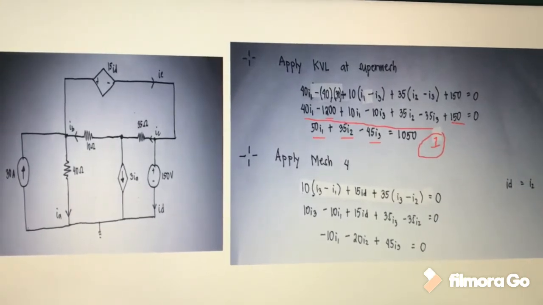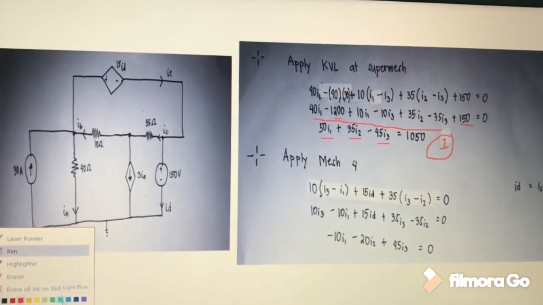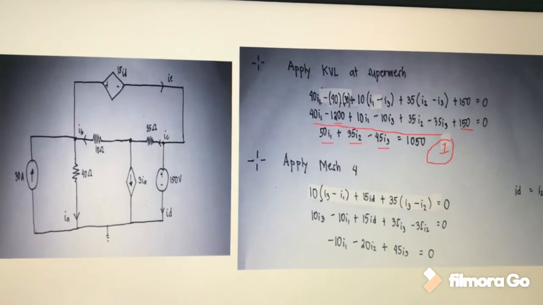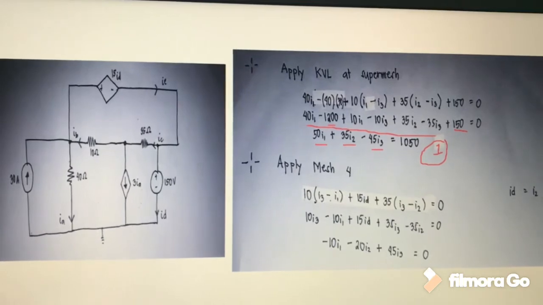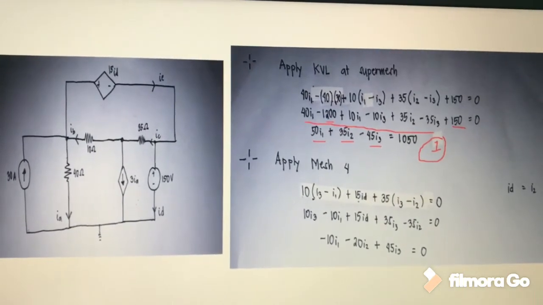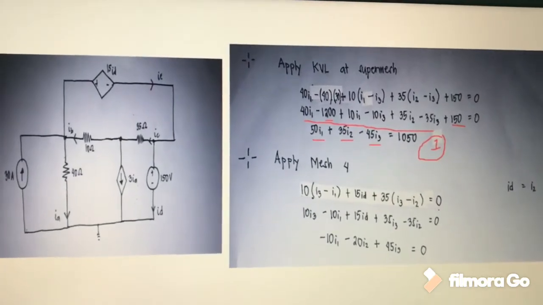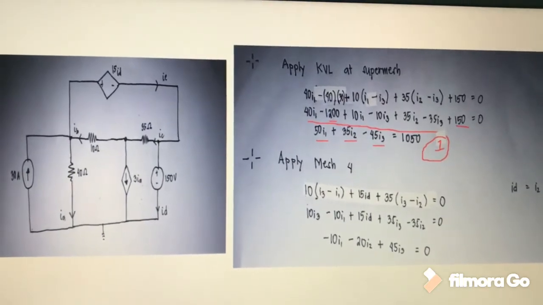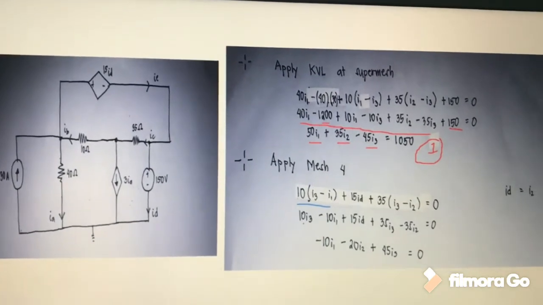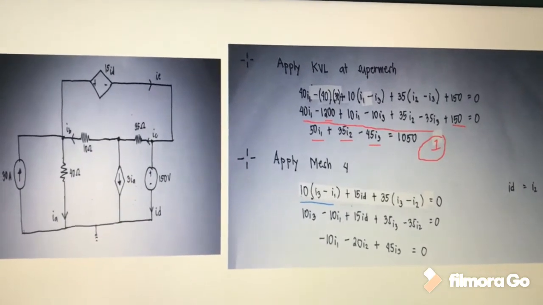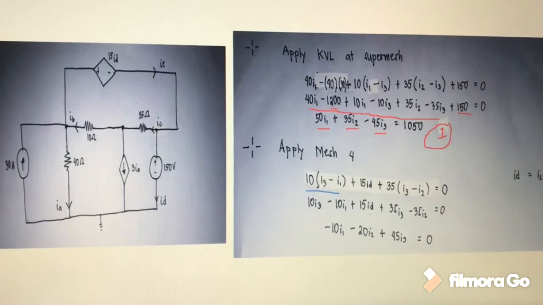Next is solve for mesh 4. So apply mesh analysis in loop 4. So 10 multiplied by I3 minus I1 plus 15 ID plus 35 multiplied by I3 minus I2 equals to 0. So the same process, 10 is multiplied by I3 and I1, which will become 10 I3 minus 10 I1. Since 15 ID is the only one, just copy 15 ID.